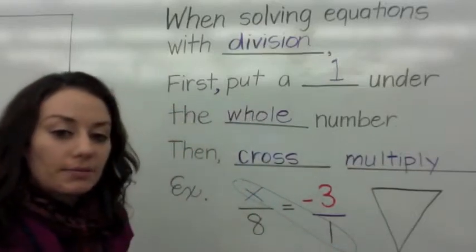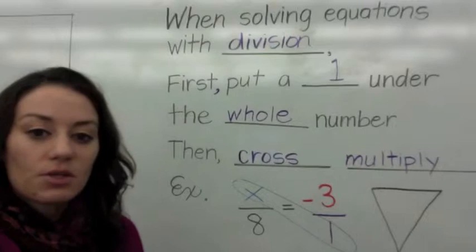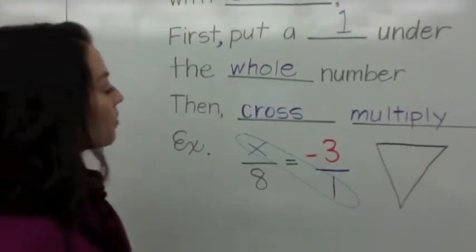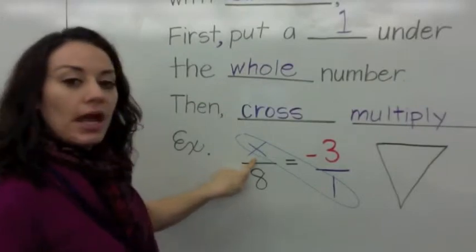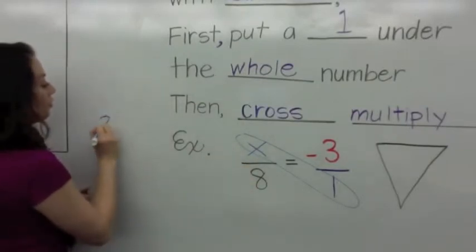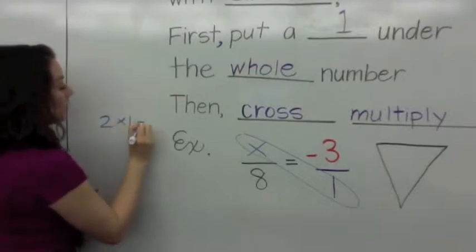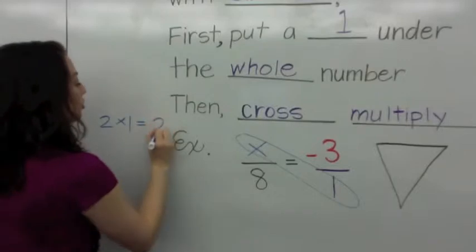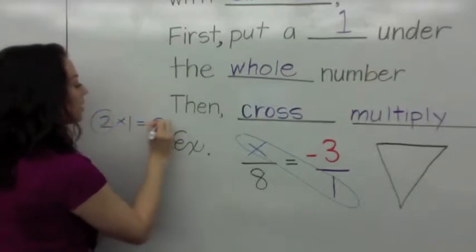Here we need to remember that if you have any number and you multiply it by 1, for example, what is 2 times 1? 2 times 1 is 2. Does 2 equal 2?